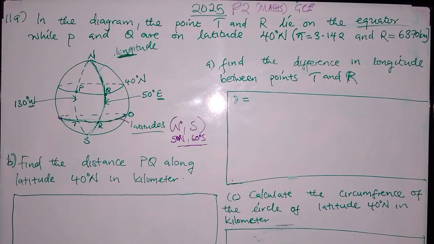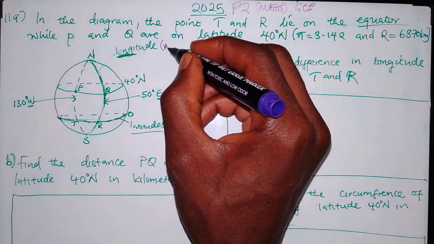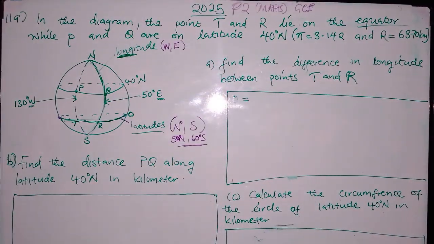When you see a coordinate as either west or east, it represents longitude. Now that you have understood how to identify which ones are longitude and which ones are latitude, we can move on to finding the difference in longitude.